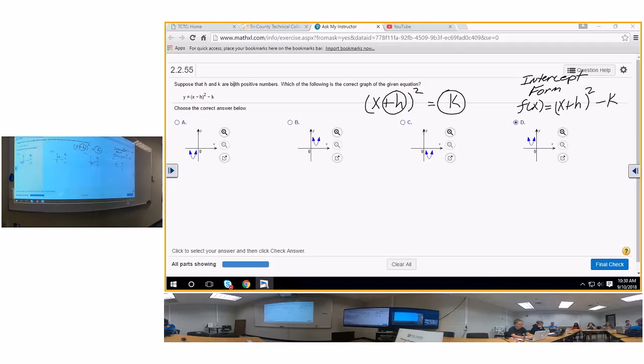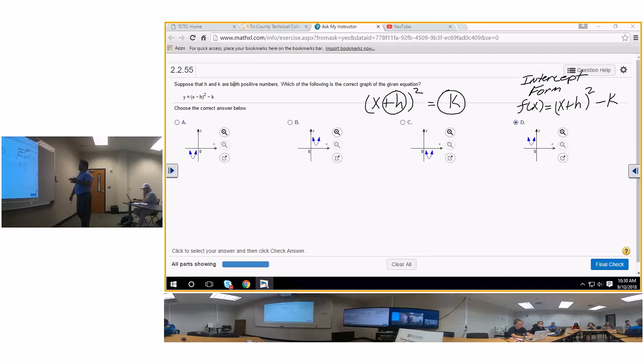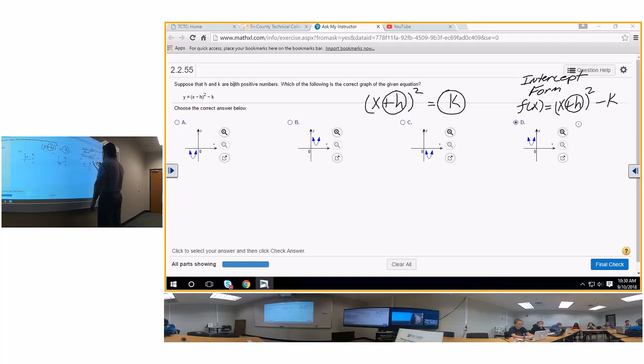You remember me saying that? When it's like this, you take the opposite of this, which is negative, and you bring this down, which would be negative. So it's going to be negative, negative. So it's not going to be this one. It's going to be alpha.